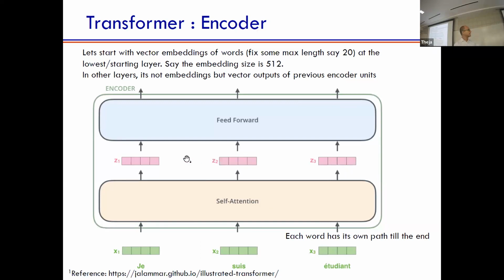Then those 3 z vectors go in parallel to the feedforward layer, which again produces 3 vectors. Basically you are propagating vectors per word, in parallel. Obviously, if you're just doing transformations of these word vectors again and again through the encoder units, that's not very useful.